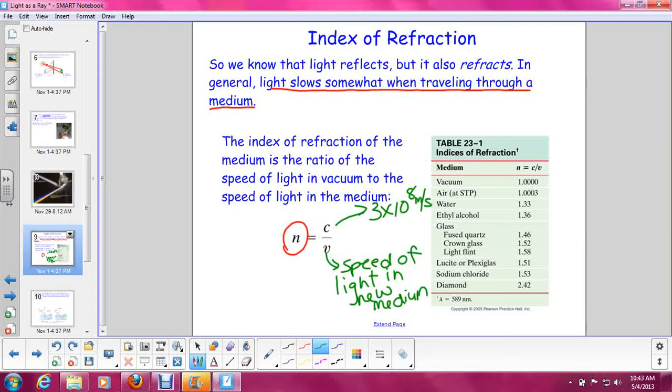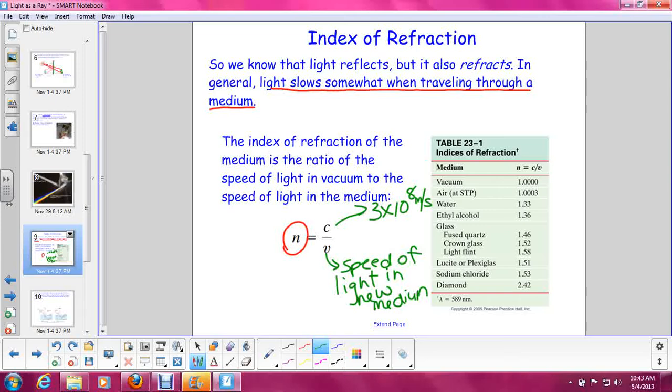Now, when you do this and you divide the speed of light in a vacuum by the speed of light in whatever medium it is, your number will always be 1 or greater. And that's because you cannot get light to travel faster in any medium other than a vacuum. So anytime light enters a material other than a vacuum, it will slow down.